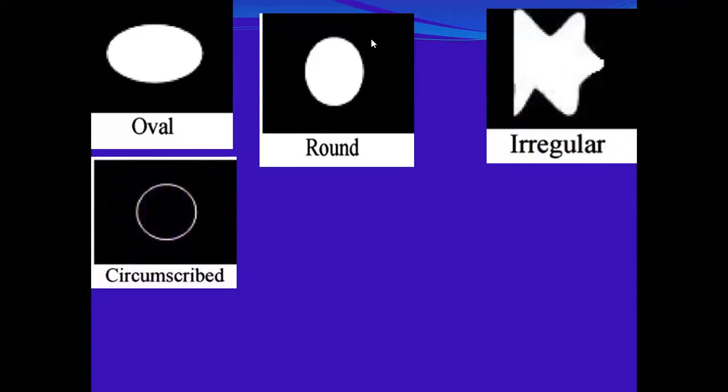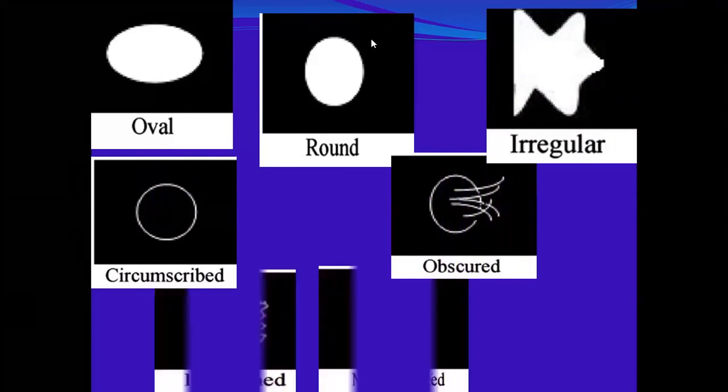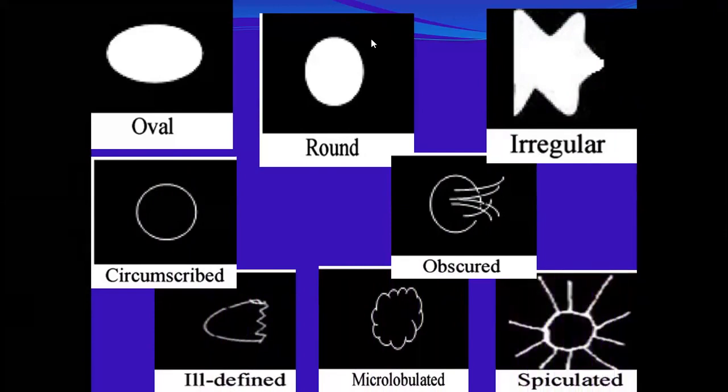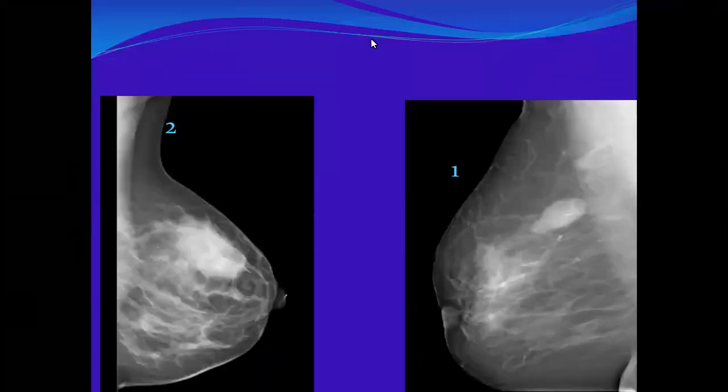Probably benign lesions are circumscribed or obscured, and the suspicious margins include ill-defined, microlobulated, and, more suspicious, spiculated. We have 2 examples here of an oval opacity, a radio-opaque mass. One is circumscribed, probably benign, in a case of a fibroadenoma, while the other has an indistinct margin due to a complicated inflammatory cyst.